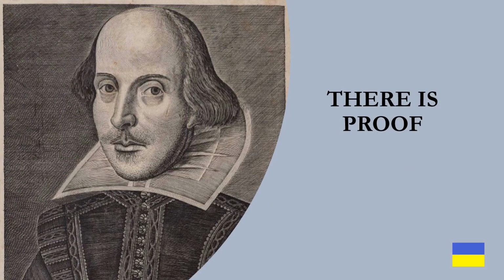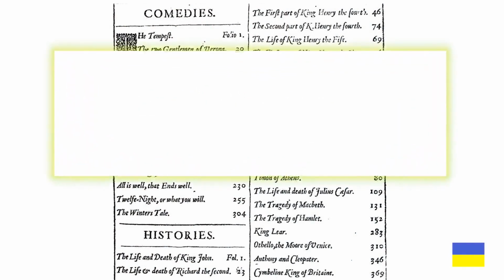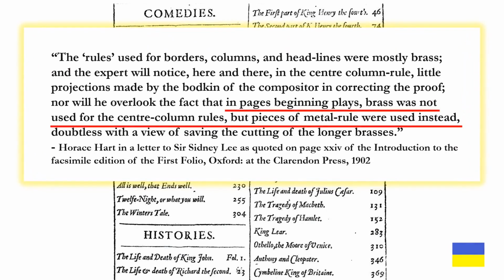There is proof. All the title pages share a single trait. Horace Hart, in a letter to Sir Sidney Lee, as quoted on page 24 of the introduction to the facsimile edition of the First Folio, published by Oxford in 1902: the rules used for borders, columns, and headlines were mostly brass, and the expert will notice here and there in the center column rule little projections made by the bodkin of the compositor in correcting the proof.